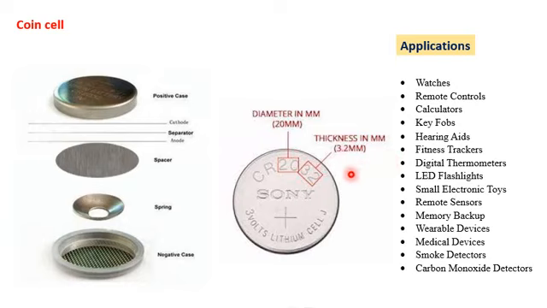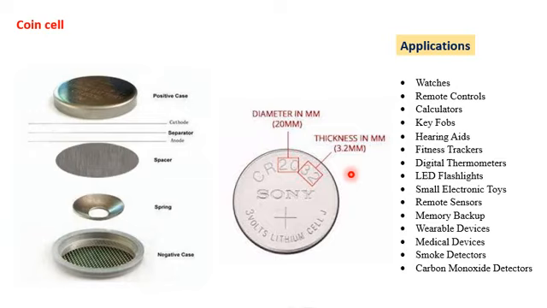If I talk about the applications, there are a lot of small applications like watches, remote controls, calculators, hearing aids, fitness trackers, LED flashlights, small electronics, remote sensors, memory backups. So these are the different types of applications in which we can use the coin cell.